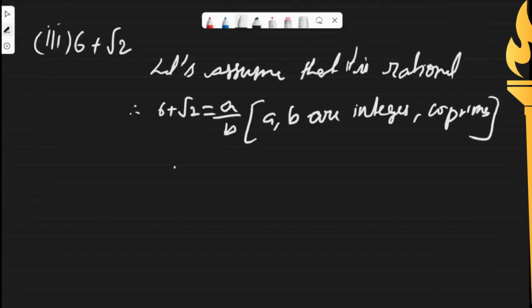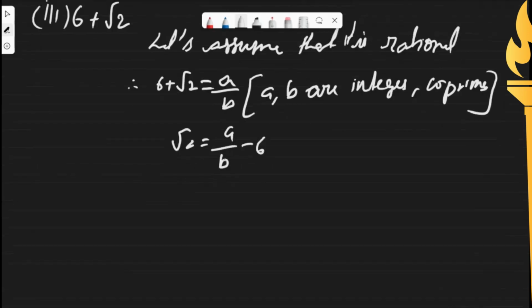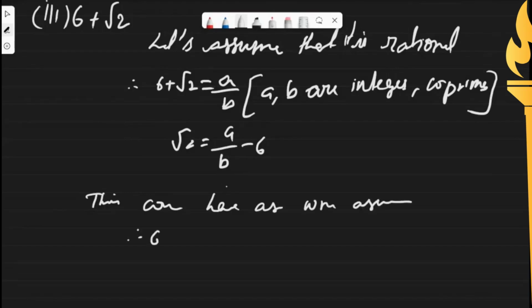This will end in one step. So root 2 is equal to a by b minus 6. That's it. Here a, b and 6 are rational, root 2 is irrational. A rational cannot be equal to an irrational number. This contradiction has arisen from the wrong assumption. Therefore, 6 plus root 2 is an irrational number.